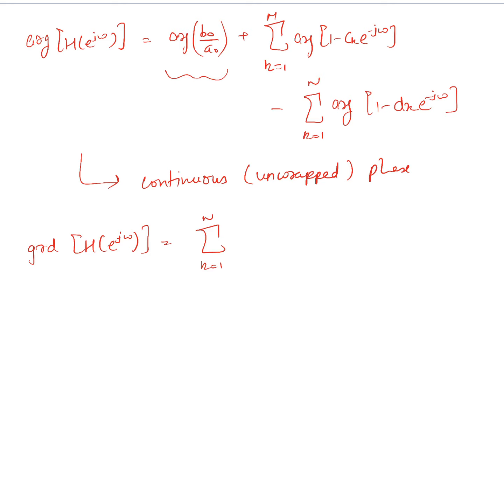So it is given by the sum over k equal to 1 to N of d by d omega of the argument of 1 minus d_k e to the power minus j omega. And here we will have the negative sign for this one. It would be the sum over k equal to 1 to M of d by d omega of the argument of 1 minus c_k e to the power minus j omega.